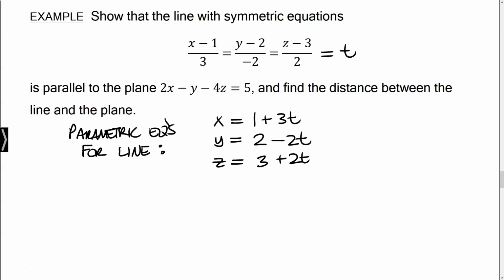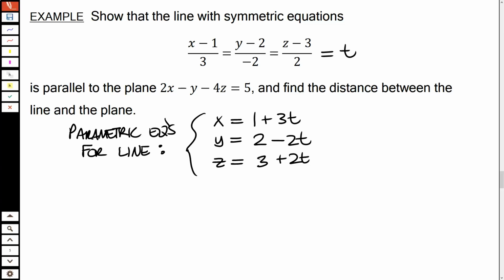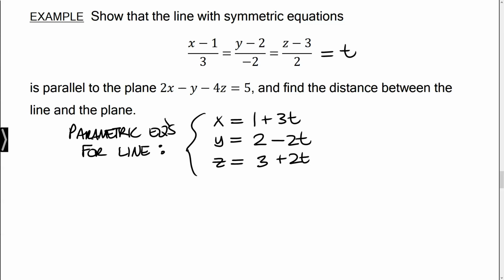Notice that you can read off the direction vector here. You don't have to actually write all this out. You could just read off the direction vector from the denominators, as long as you make sure that the numerators are just 1x, 1y, and 1z. So a direction vector here would be given by 3, negative 2, 2.